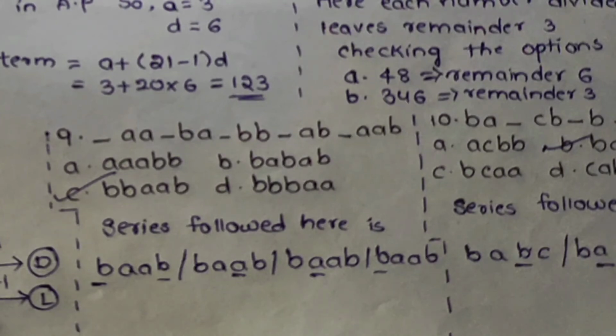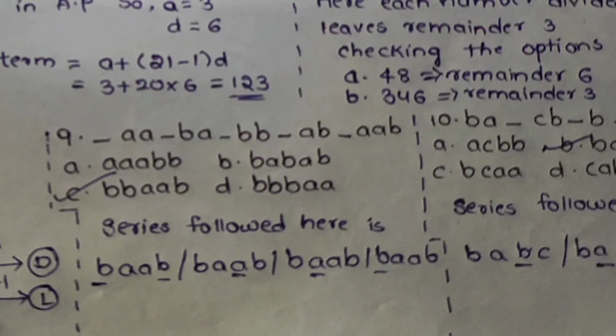So here there are 16 letters, and if you equally divide these letters, each set contains 4 letters, and here the last set is ending with B. So in the second blank we will get B. And similarly, if you see the second series, here you have B as a starting letter.